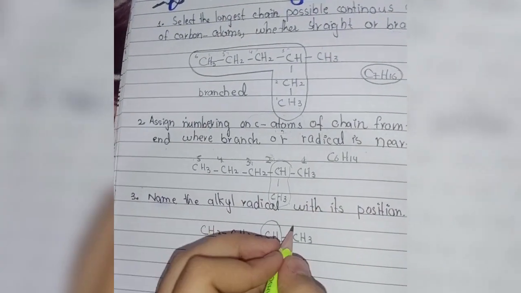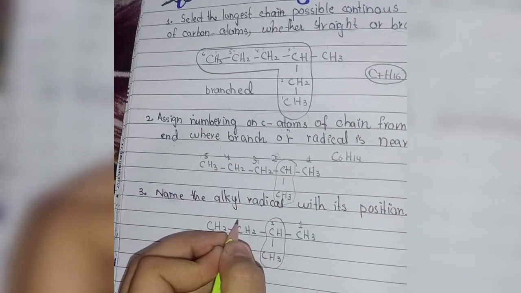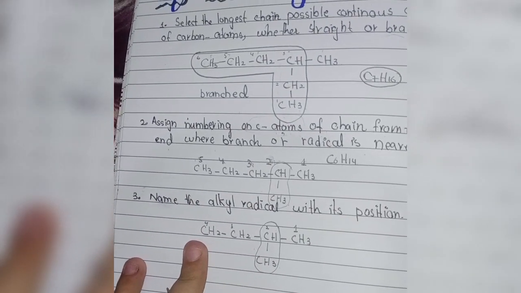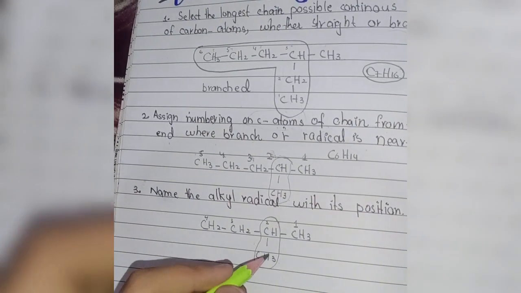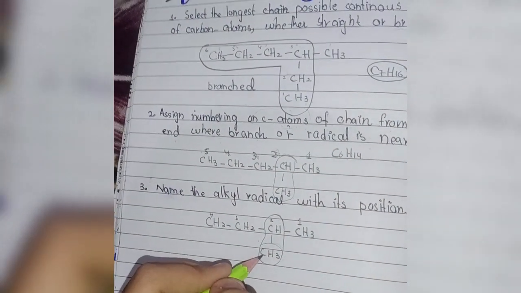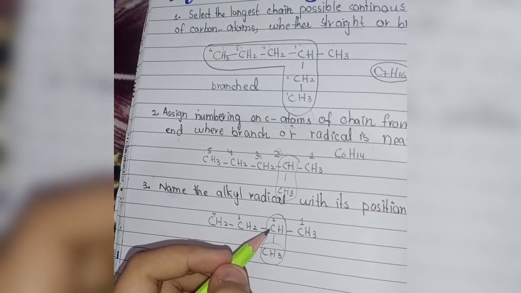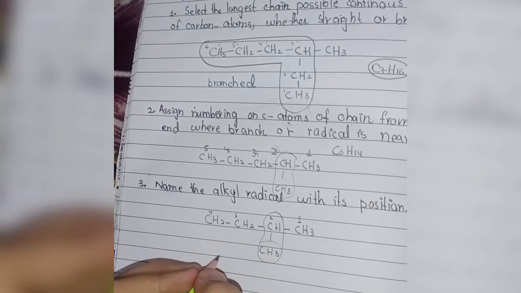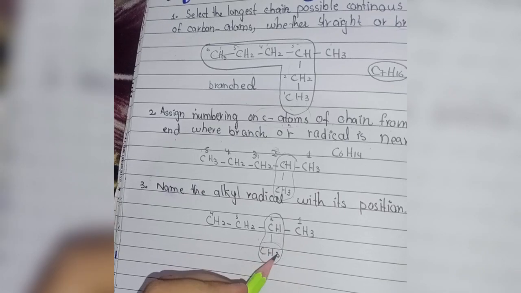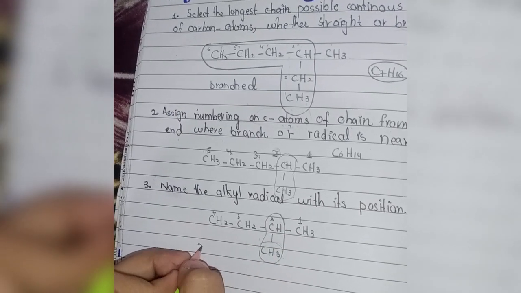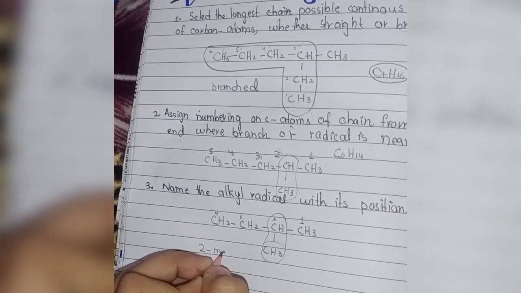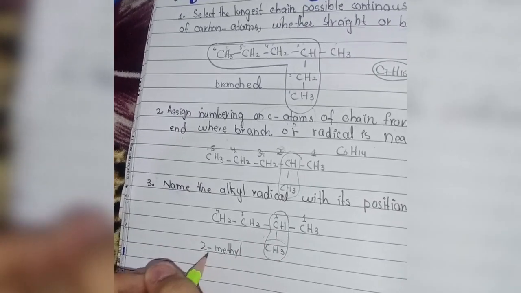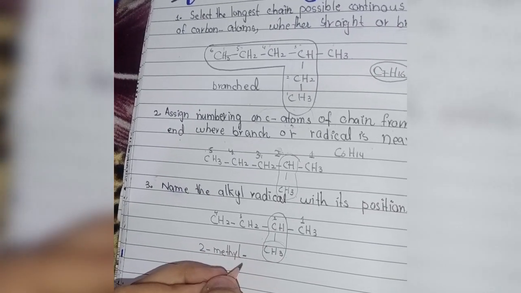Here you can see 1, 2, 3, 4, the alkyl radical is nearer. And how will we give the names? Here we have the methyl group in the alkyl radical. CH3 is the methyl. Methyl is on which number? 1, 2. 2 methyl. Methyl is attached to the second carbon. And which group is this?